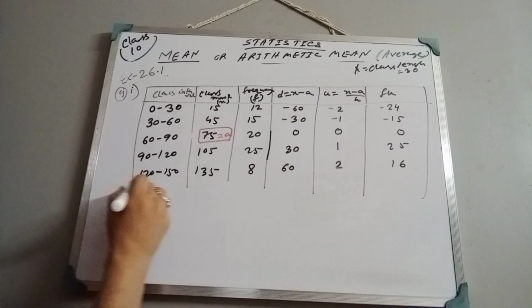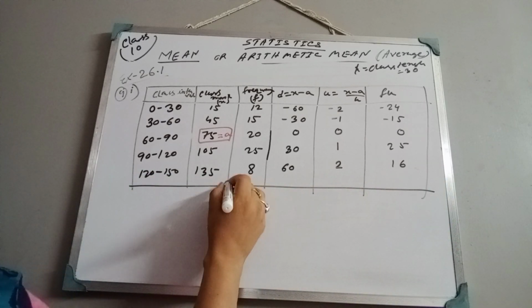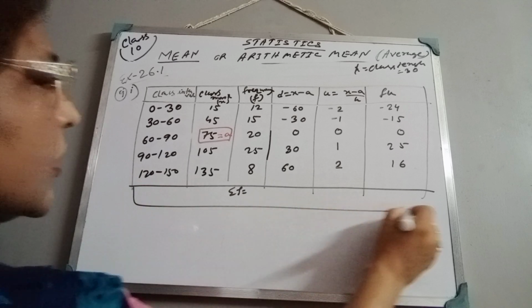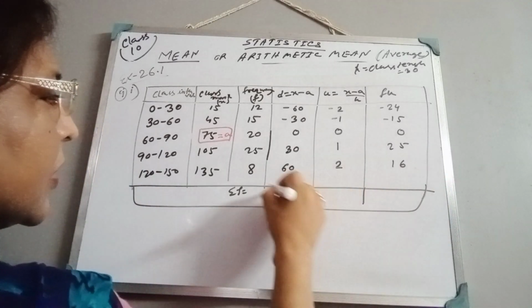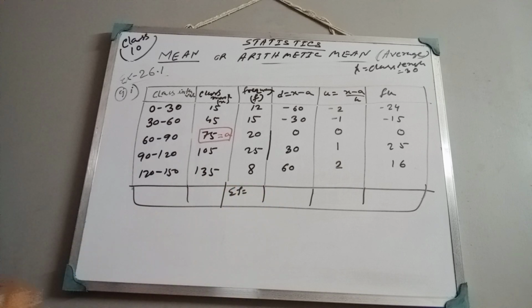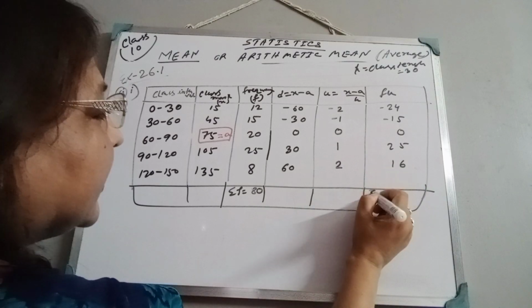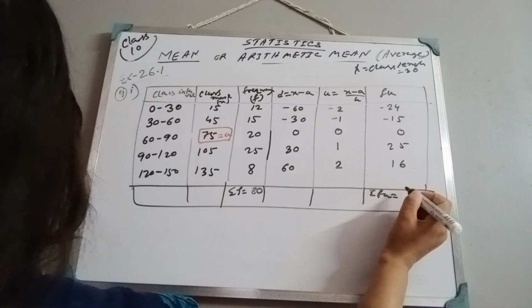Now add. What will we add at first? Sigma f we have to find out. Sigma f is 80. And sigma fu we have to find out, that is needed for u bar.